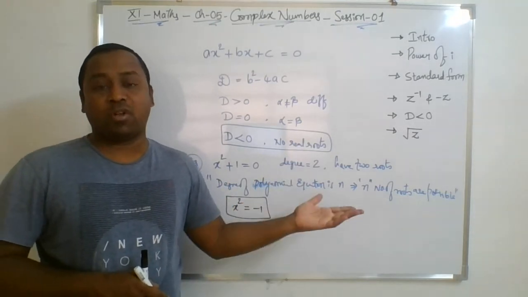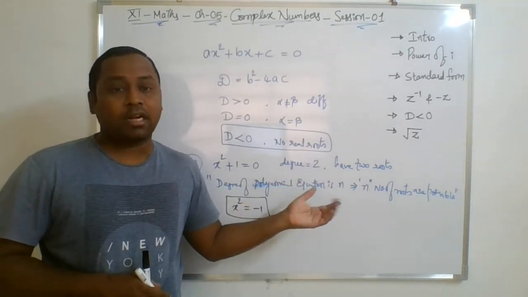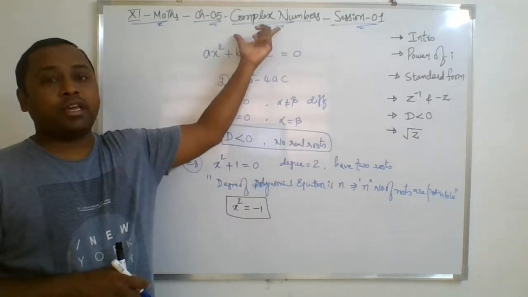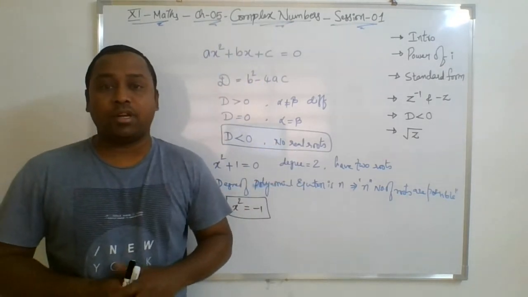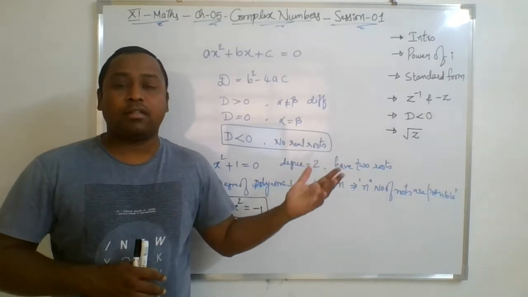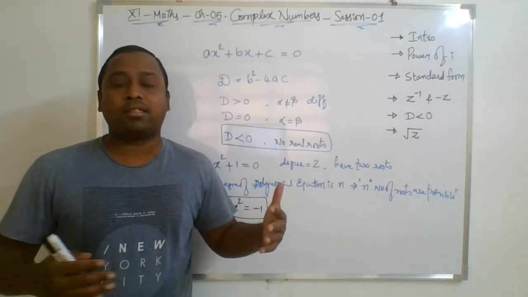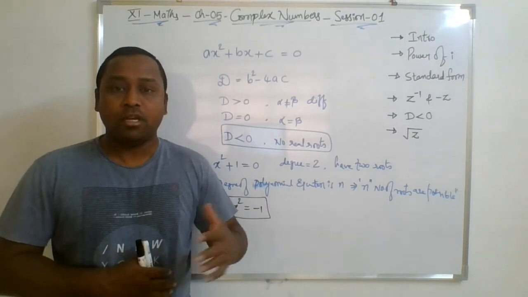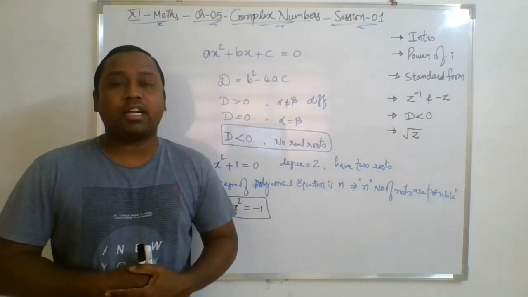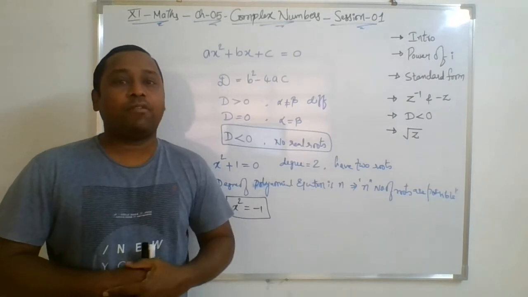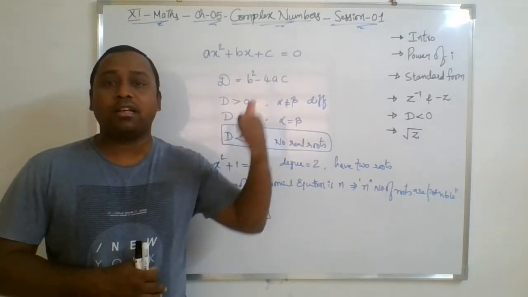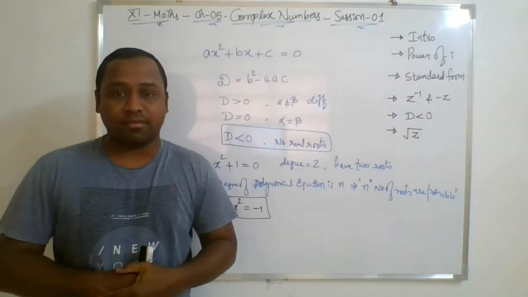And how is it possible? To understand that, we need to study the complex number which is beyond the real number system. We need to expand our understanding of the number system to a great extent. That is the other phase which you have not studied till 10th standard, called complex numbers.